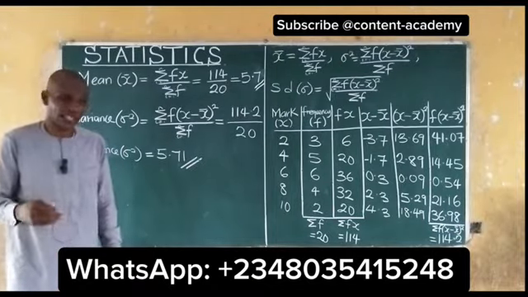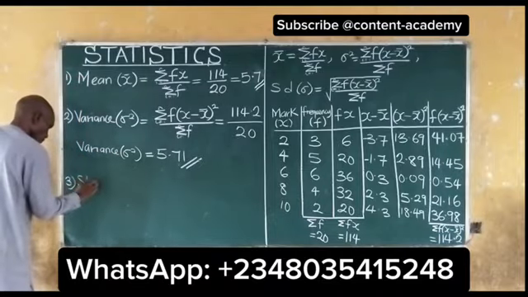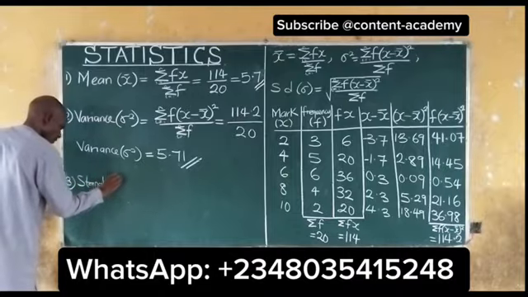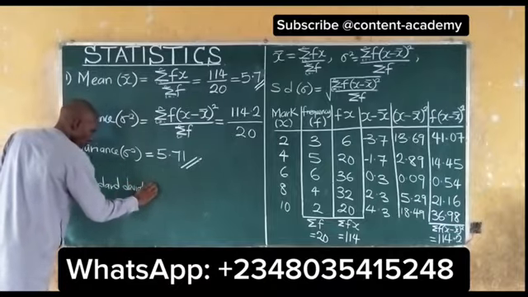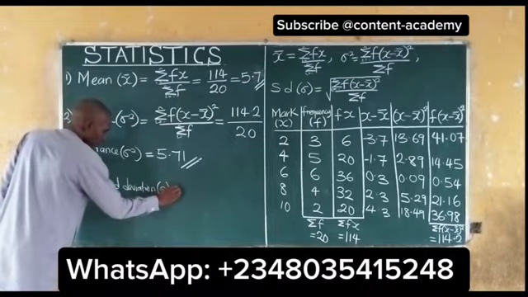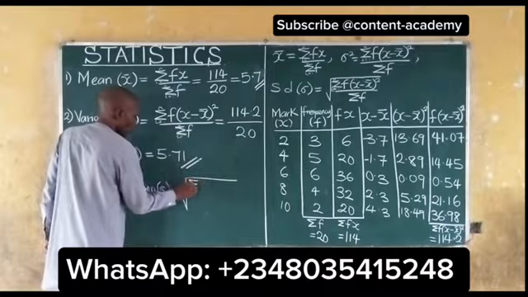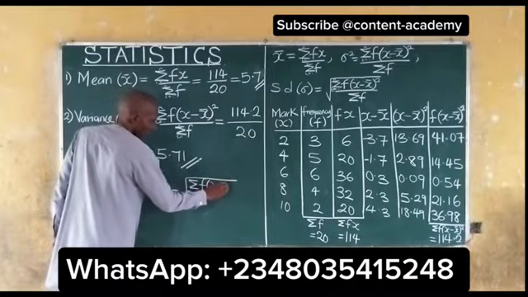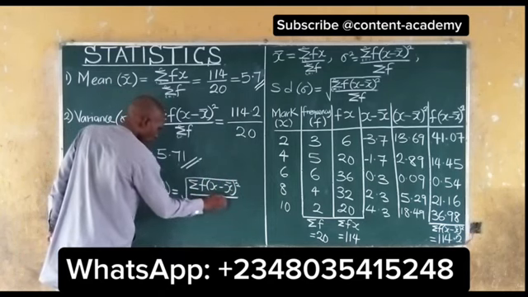Now, how do we calculate our standard deviation? Our standard deviation, which is written as sigma, is equal to the square root of the summation of f of x minus x bar all squared, all over the summation of f.